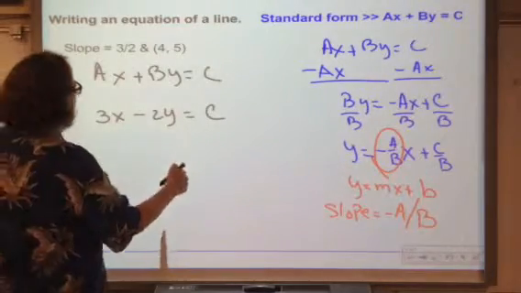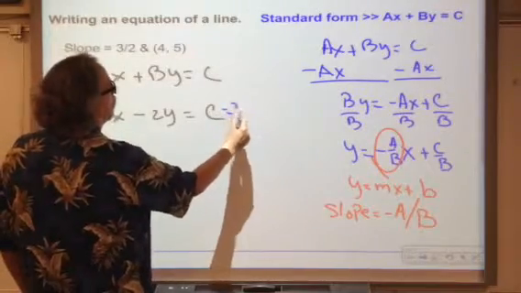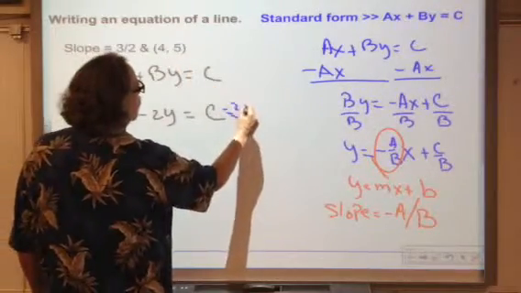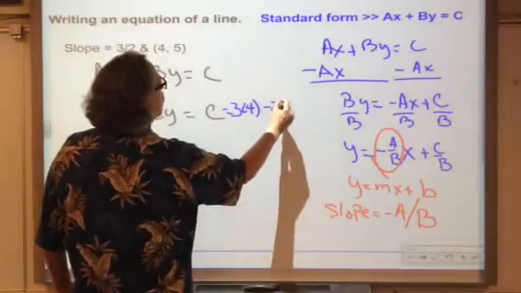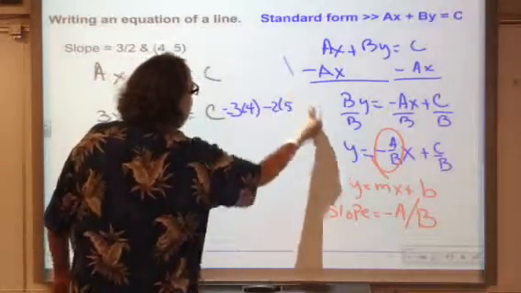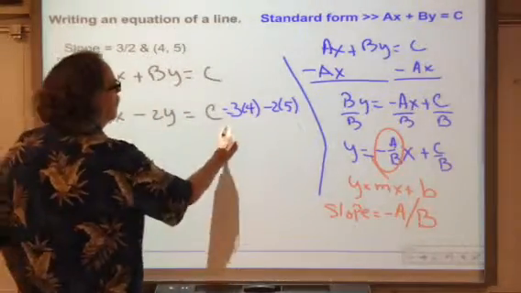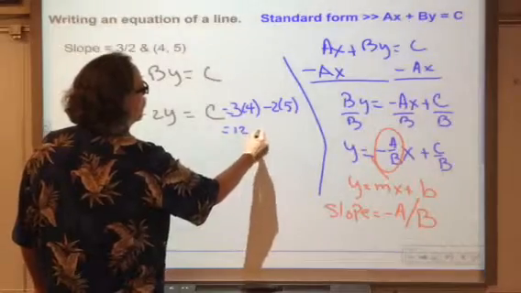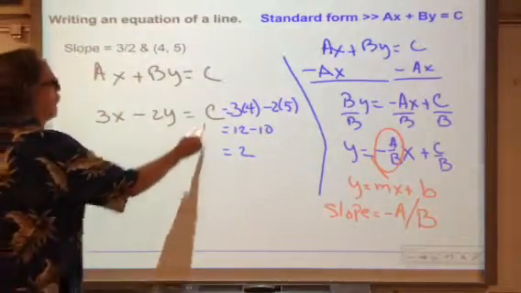So this c is equal to 3 times the 4 minus 2 times the 5, and that is going to equal 12 minus 10, which is 2. So that's what c is.